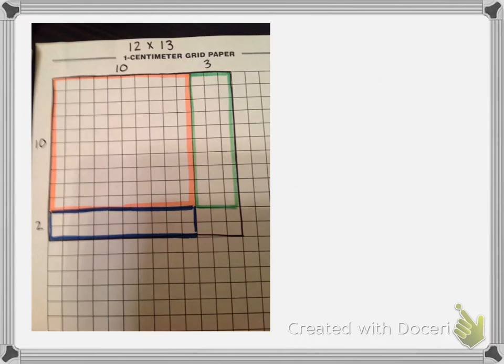Then the next one is going to be these rows of 10 down at the bottom, so going down 2 and across 10. You're going to use a different color for that. So you should have at least 3 different colors so far: your 10 by 10, your 3 by 10, and your 2 by 10.